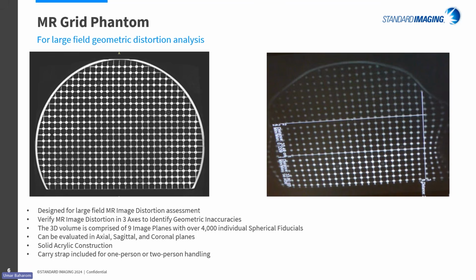It's comprised of 9 imaging planes, made out of these grids, and we have over 4,000 individual spheres that you can see. So you can evaluate the distortion in axial, sagittal, and coronal planes. The Phantom is made out of acrylic, and a carrying strap is included as well, because the Phantom is fairly heavy.